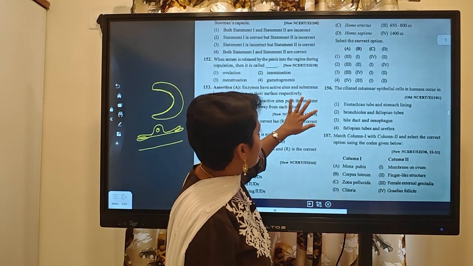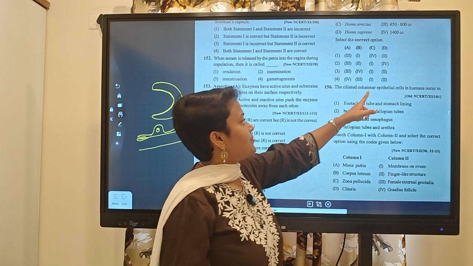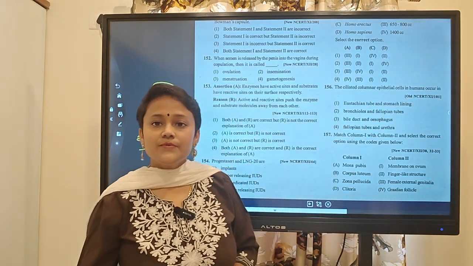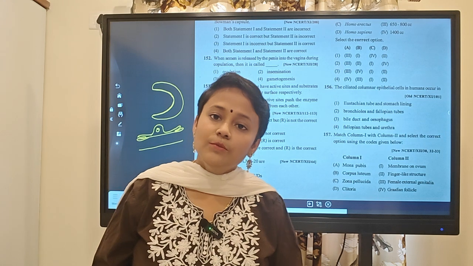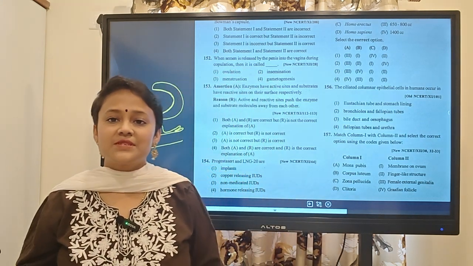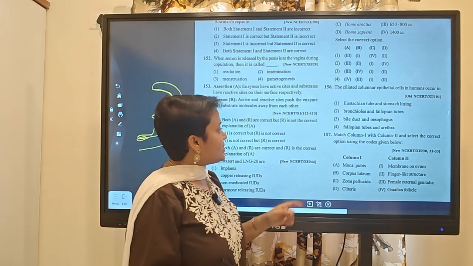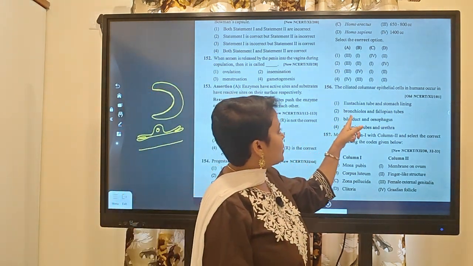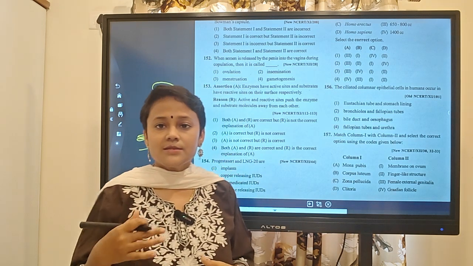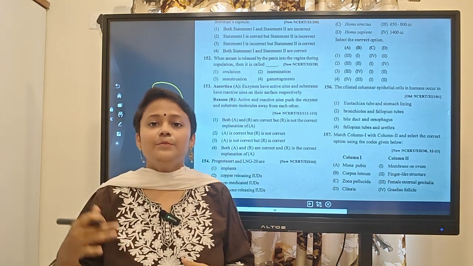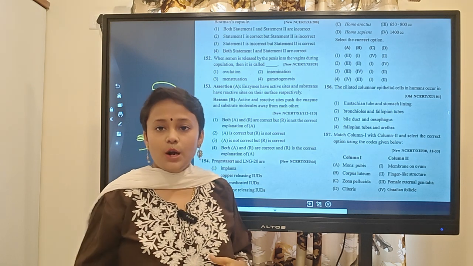156. The ciliated columnar epithelial cells in humans occurring. What is the function of cilia? By the beating movement of cilia, there will be transport of substances, right? So in bronchioles, if there is any dust particle or excess mucus, by the beating of cilia, it will come out.